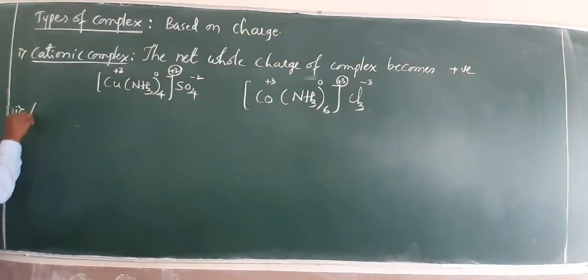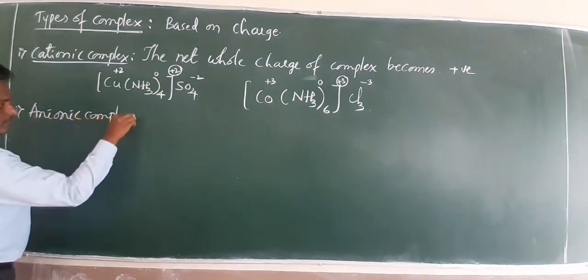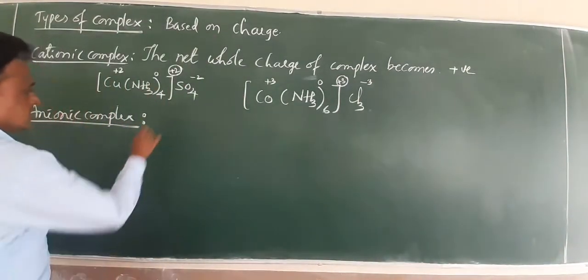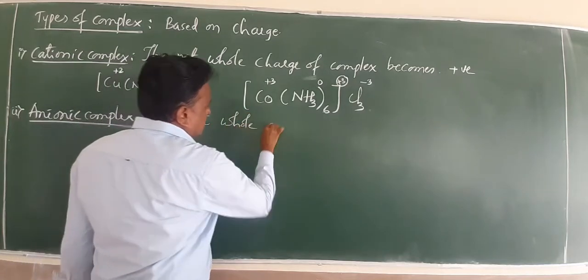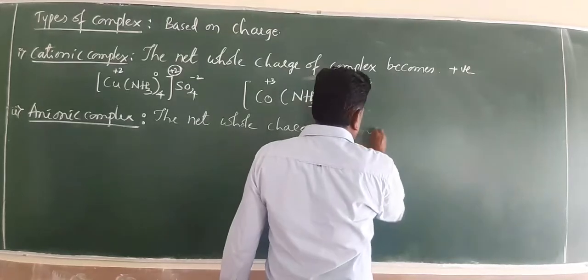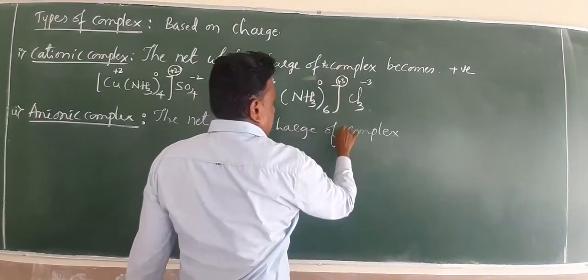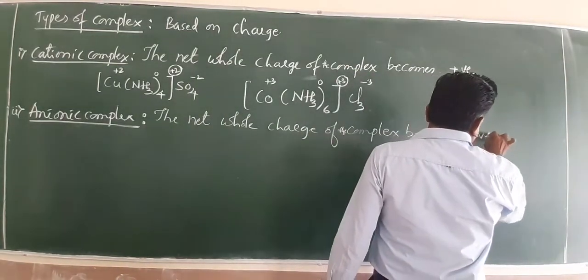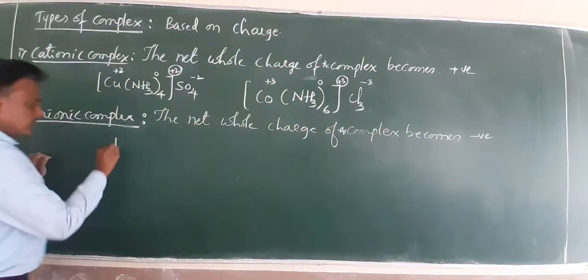The second one is the anionic complex. What is the meaning of anionic complex? Same definition. The net whole charge of the complex becomes negative. A net whole charge of the complex that becomes negative is known as an anionic complex.